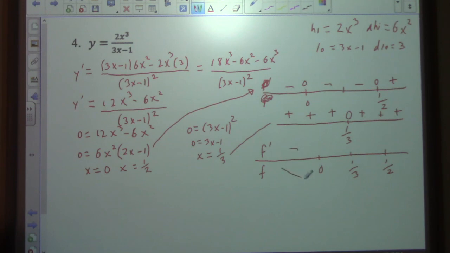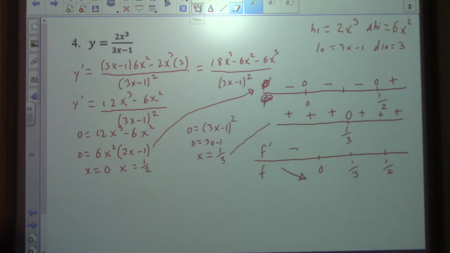So we know we're decreasing there. And then at 0, we have 0, actually we're dividing by 0 here, right? So what's this going to be here? No, this one's going to be undefined, because we're dividing by, no, actually 0's over there. I'm lying to you. I don't mean to lie to you.